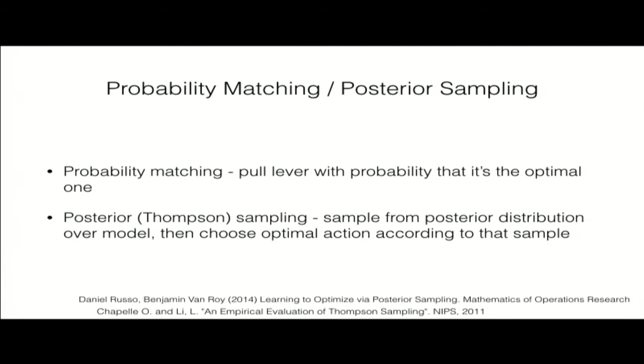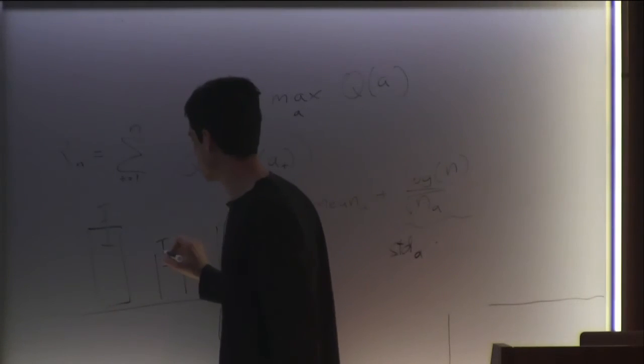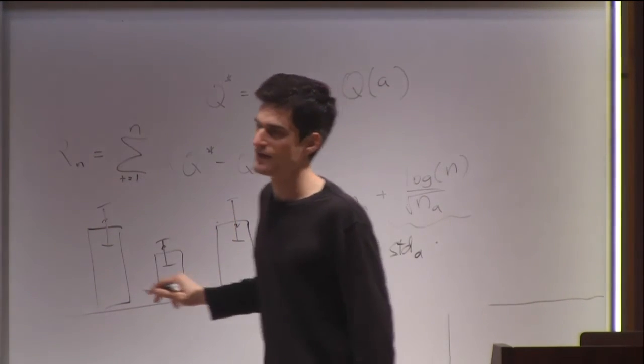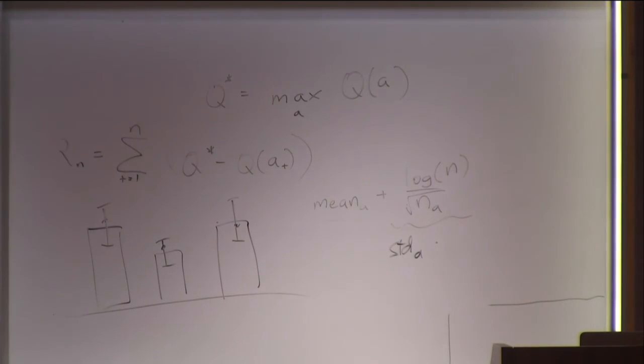So let's say we're uncertain about all these different mean values, so we pick a particular sample from our joint posterior distribution of all these values. And then we choose the best action according to that sample.